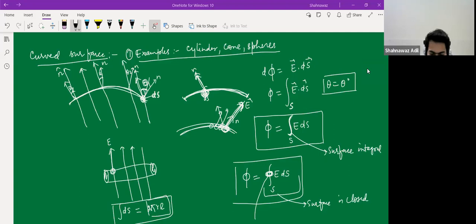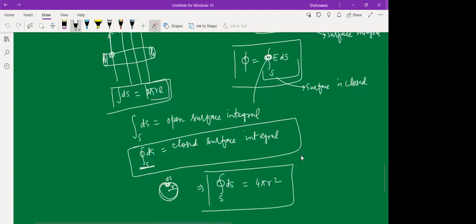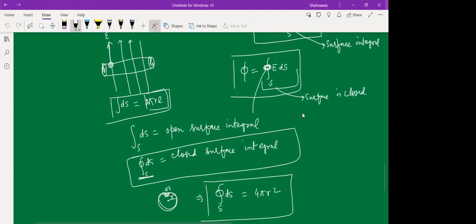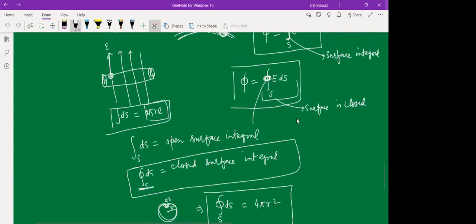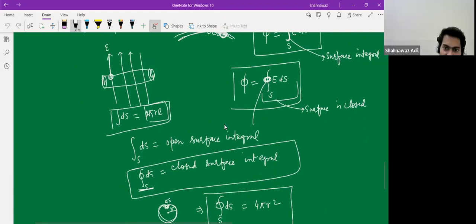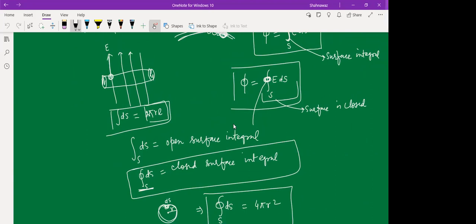Did you guys note down this part? Yes. So I should put the screen here. Or did you note down the whole part? One second, sir.